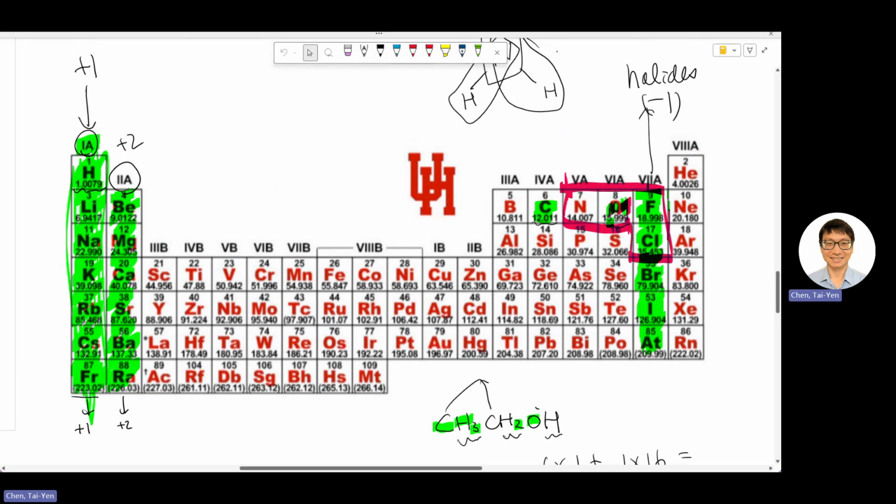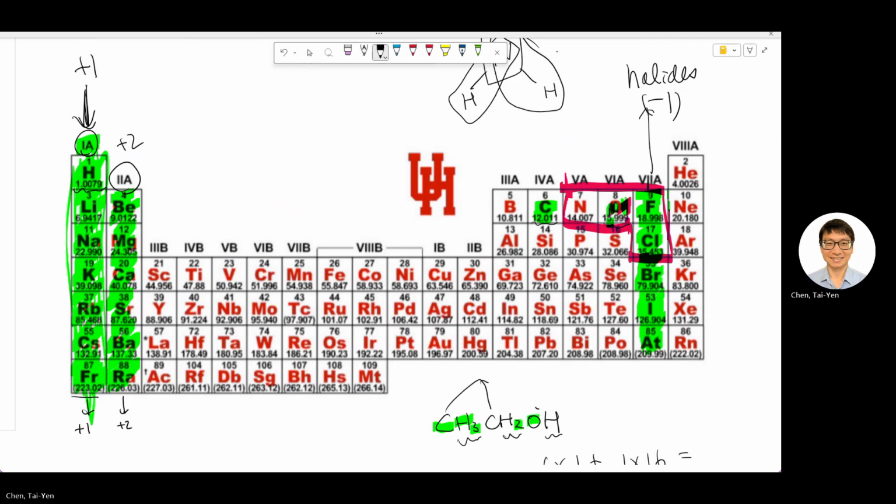If you see a compound containing any element in that first 1A column, once they dissociate, they produce positive 1 ions, meaning that lithium, sodium, potassium, those will become lithium plus, sodium plus, and so on and so forth.